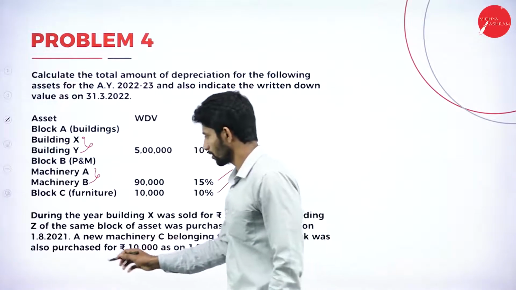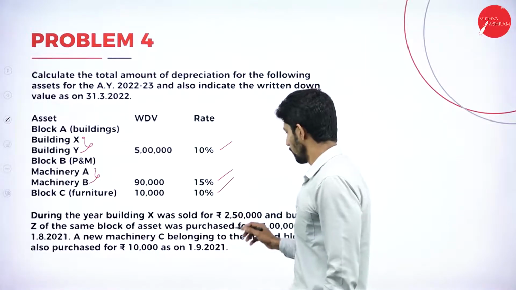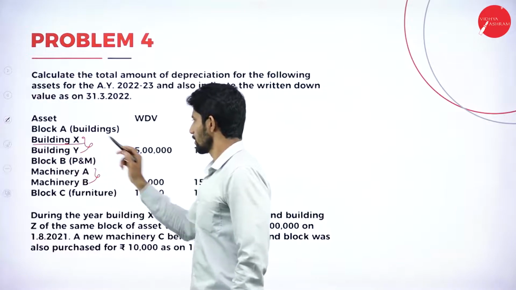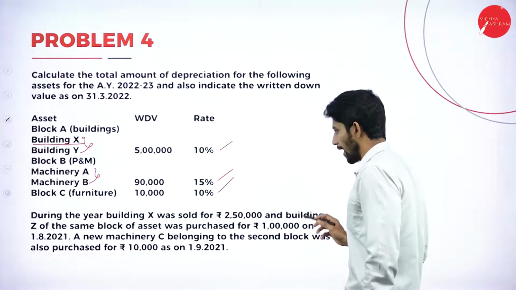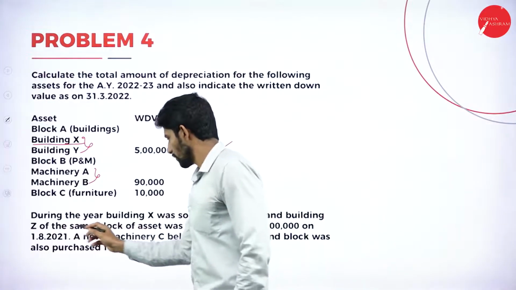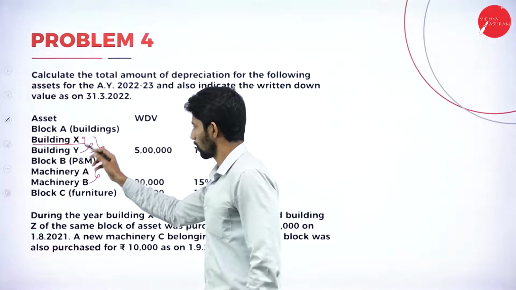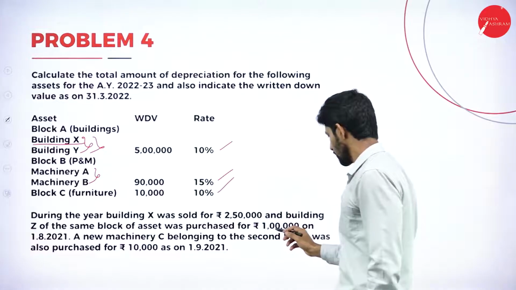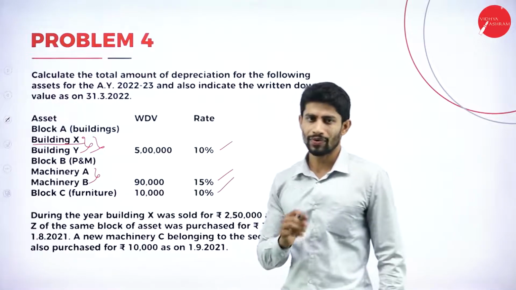So other information, during the year, building X was sold for rupees 2,50,000. Yes, here you can see building X. So building X was sold for rupees 2,50,000 and building Z of the same block of asset was purchased for rupees 1 lakh on 1st August 2021.